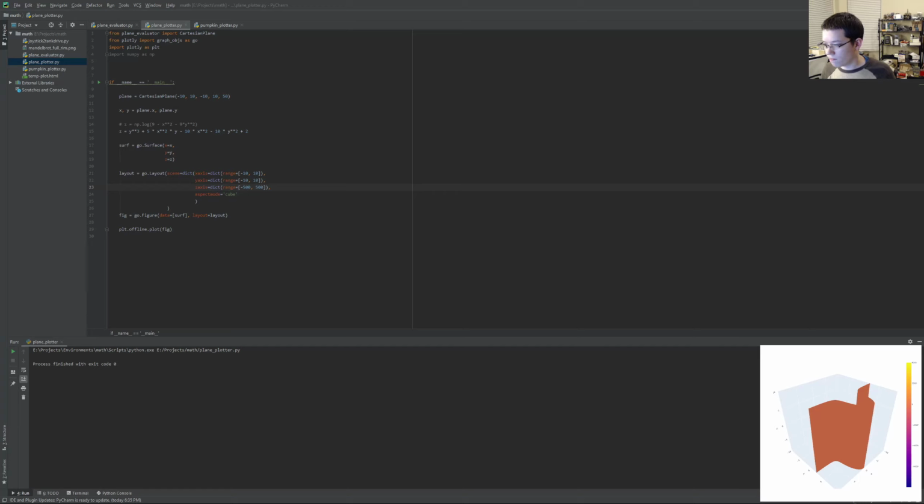So let's adjust our range. We no longer need y going from -10 to 10. We need -3 to +13.